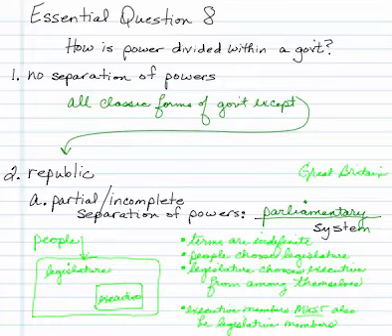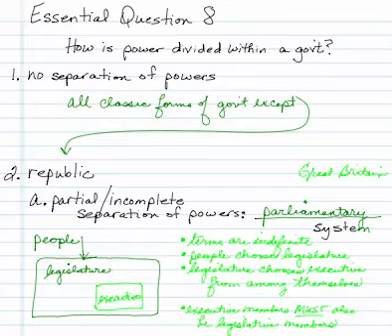So again, this is a republic, so the people are going to choose representatives. The people are going to choose the legislature from among themselves. Okay? So this is the legislature. All the people who are going to make the rules, the representatives. In Great Britain, they have the House of Lords and the House of Commons.